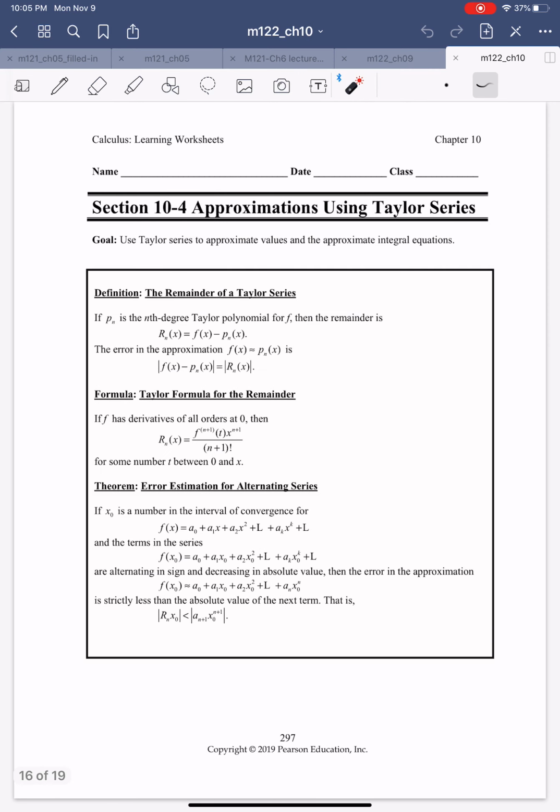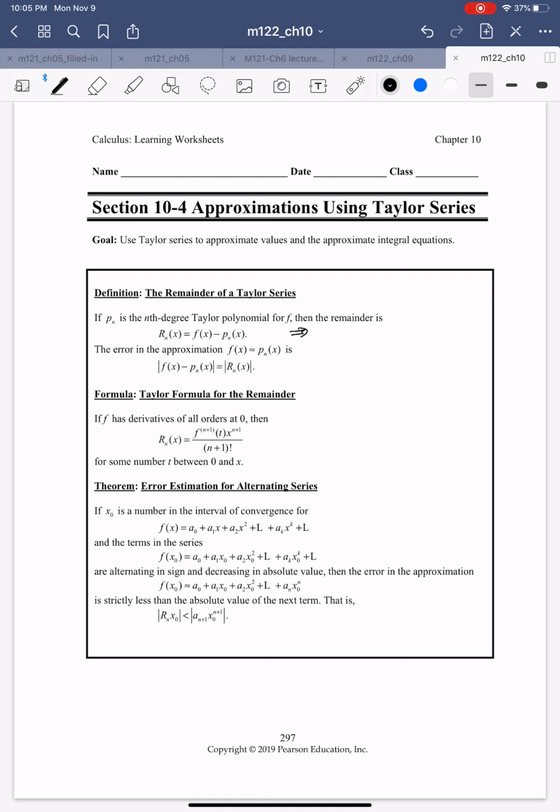In 10.4, we're going to approximate and then find this error bound. We have this remainder term: the function f of x minus the Taylor polynomial is how much we are off. We call that the remainder term. You can also modify this equation.